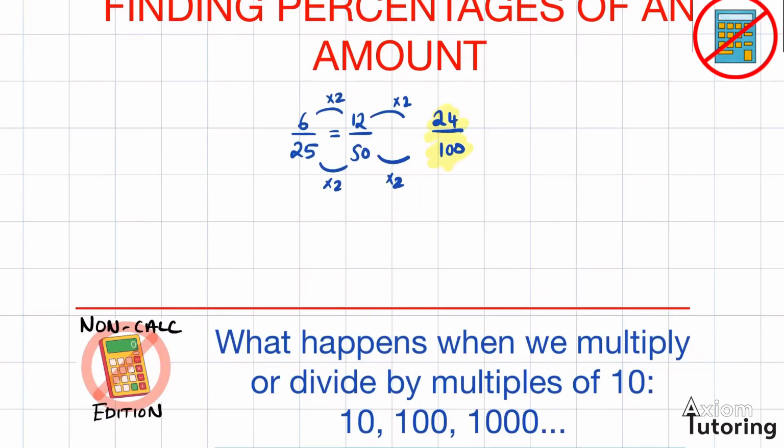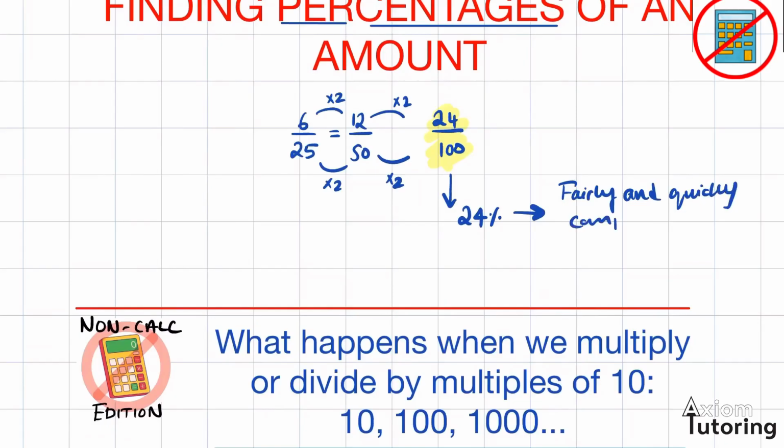That means that 6 over 25 is equivalent to 24%, because percent just means per cent, out of 100, a fraction out of 100.